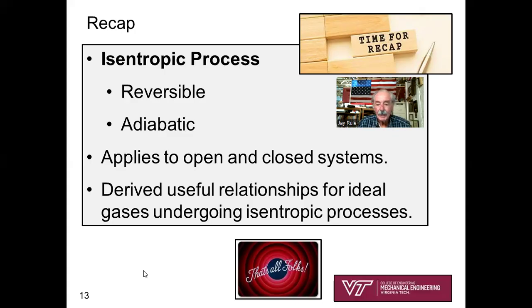We also derived useful relationships for ideal gases undergoing isentropic processes. We had one block of relationships for isentropic, ideal gas, constant specific heat, and another block for air, ideal gas, variable specific heat undergoing an isentropic process.